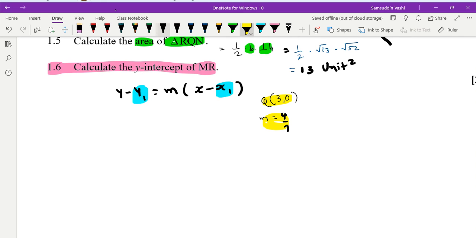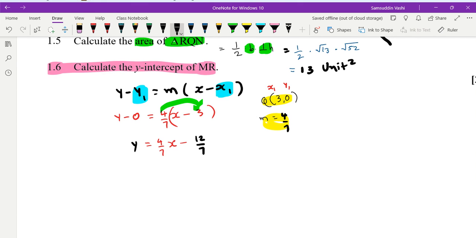So the moment I substitute these two and simplify it, I'll get the answer. So this one is x1, y1. So it's y minus 0 equals m times x minus x1, x1 is 3. So y equals 4 over 7 x minus 4 over 7 times 3, multiplication, so 4 times 3, 12 over 7.